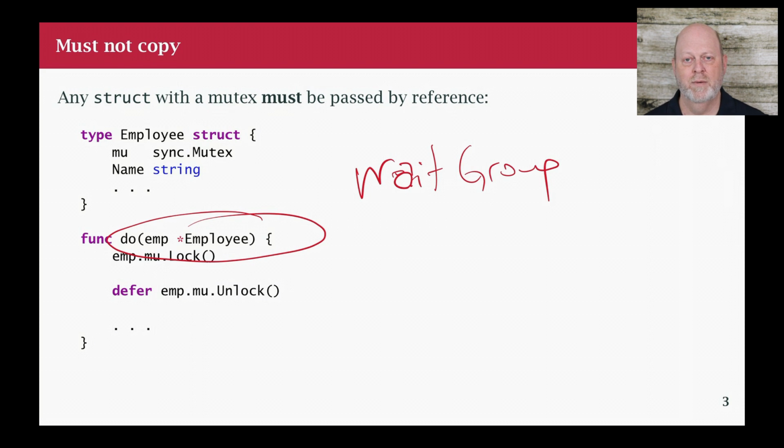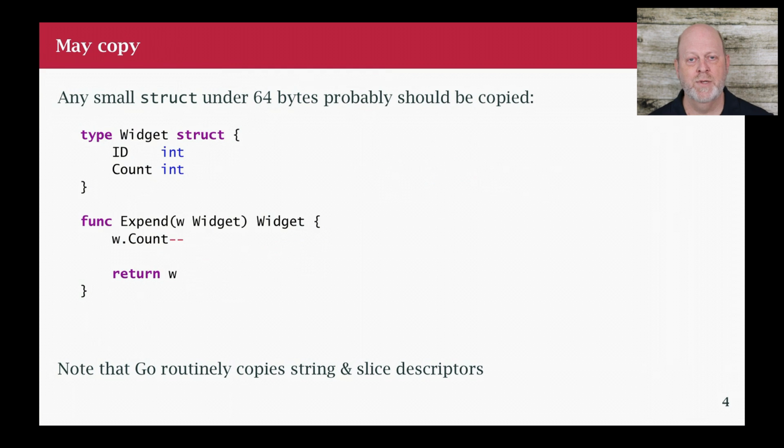It's called a wait group, okay? And often we have a function where we pass the wait group as a parameter. We're always going to have to pass it as a pointer because a wait group is another concurrency structure that doesn't work if you copy it, okay? So the only way we can ever pass it as a parameter to a function is by taking its address, okay? Now, there's another side to this of, well, we may or may not copy.